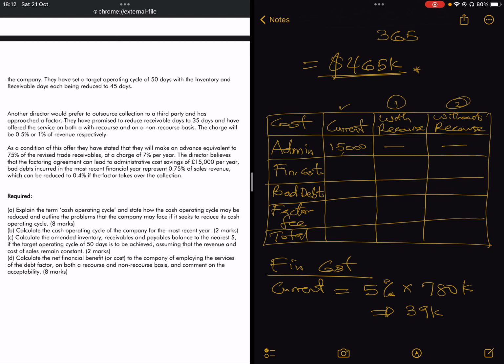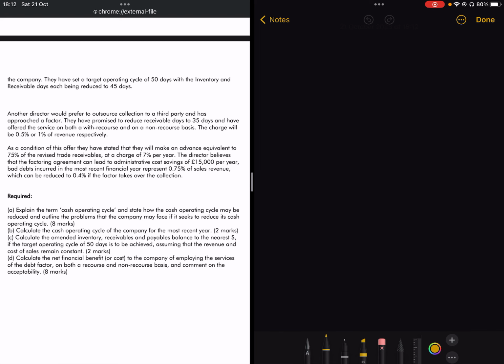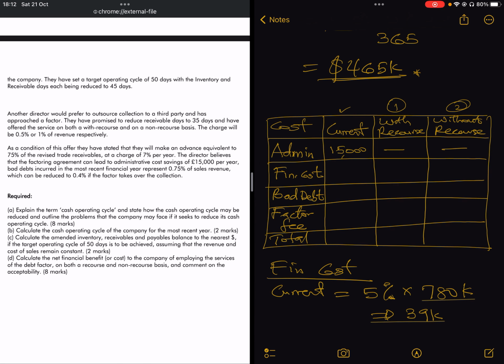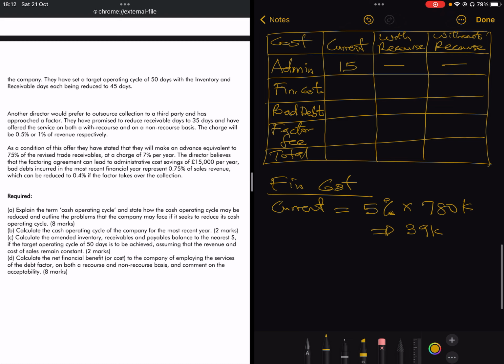So let's work in thousands. I want to work in thousands so that's easy to manage. So this will be 15,000. And finance cost currently is 39,000.